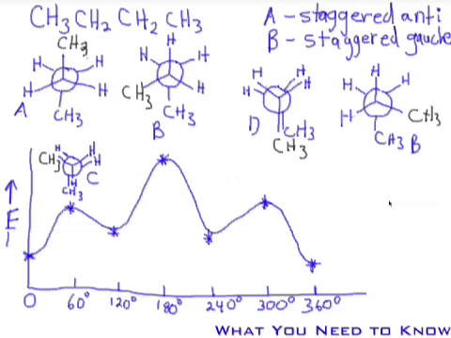What would you be asked? Well, you'd most likely be given this energy diagram, and you would most likely be asked to draw the structures at the minima and maxima. And so what you could do is you could draw just the four structures. So let's rub this one out because they're the same.